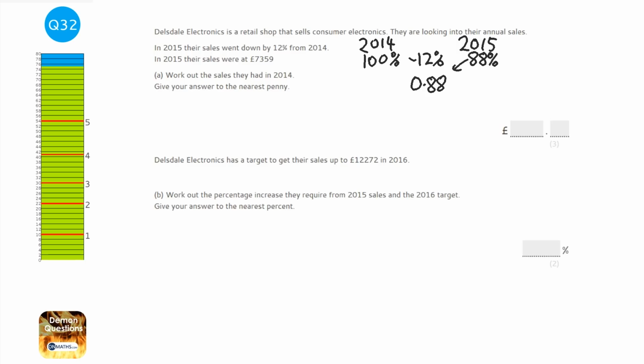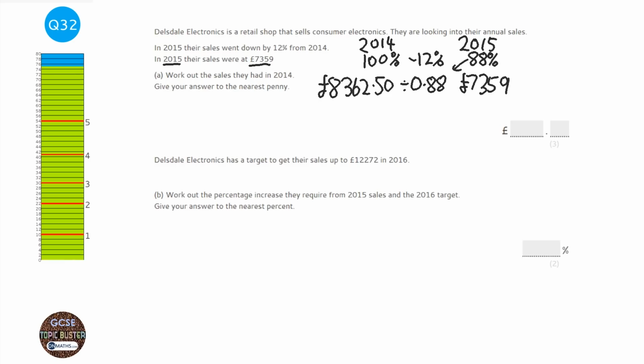But in this question, we're given the 2015 sales, so we're given this one here. So we want to work backwards. So what we want to do is I'll get my calculator, 7,359 divided by 0.88, and that gives me £8,362.50.